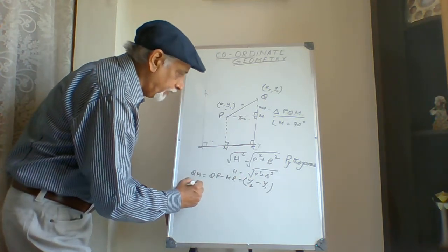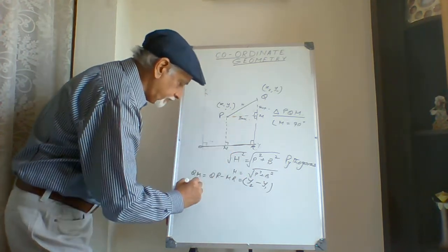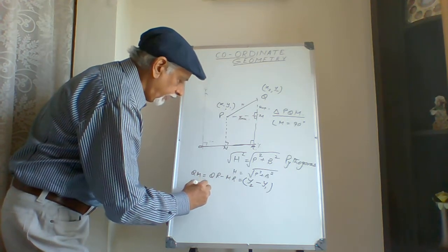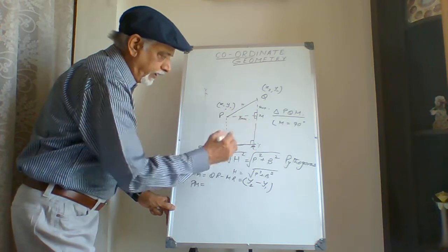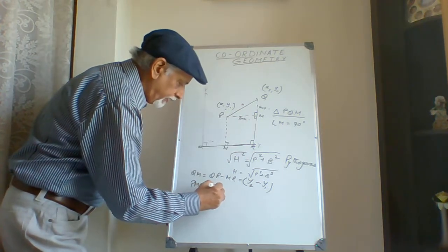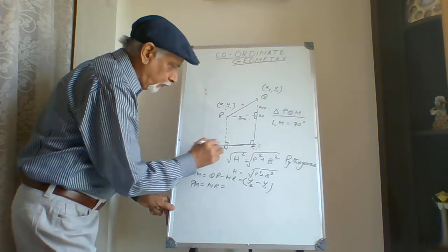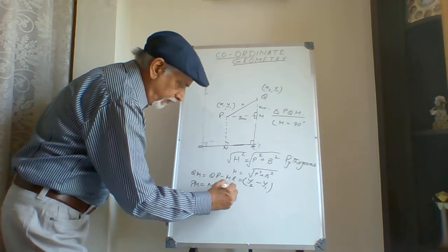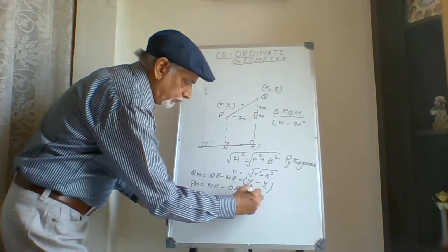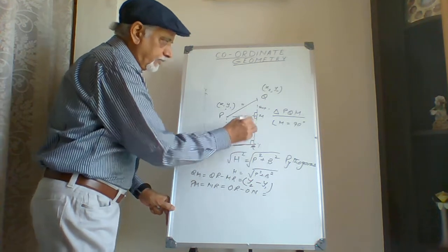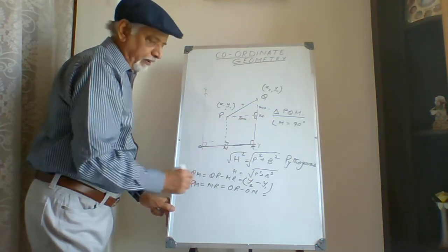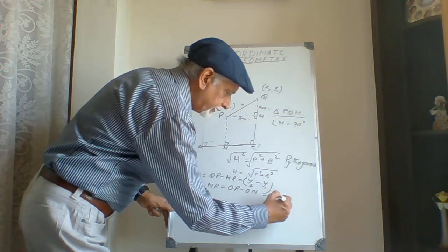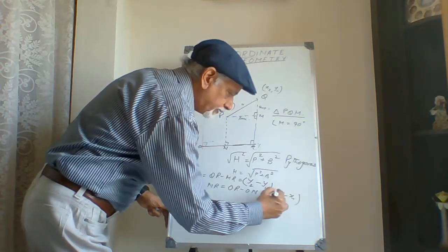Similarly, when I find out the base, which is PM, PM is equal to NR because this is a square. So PM is equal to NR, and NR is nothing but OR minus ON. OR is the x value for the point Q, ON is the x value for point P. So this becomes x2 minus x1.